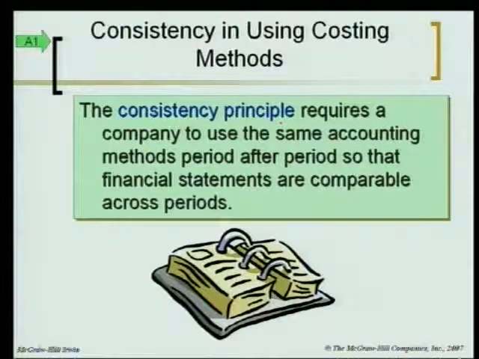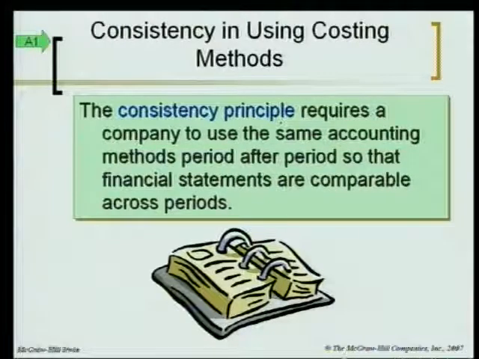some people say, well, couldn't you just keep switching methods from period to period, depending on if prices are going up and down? No, and that's because of the consistency principle in accounting. Okay? The consistency principle pretty much states, well, let me back up.